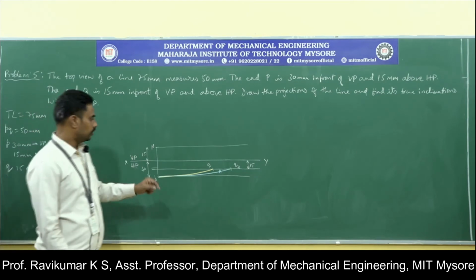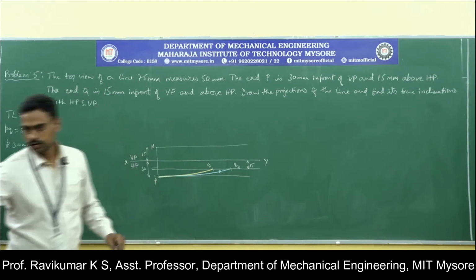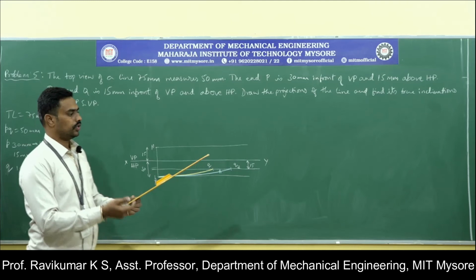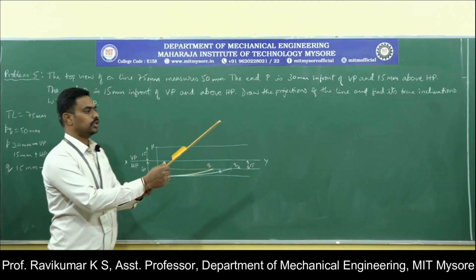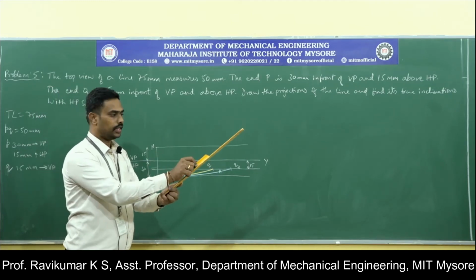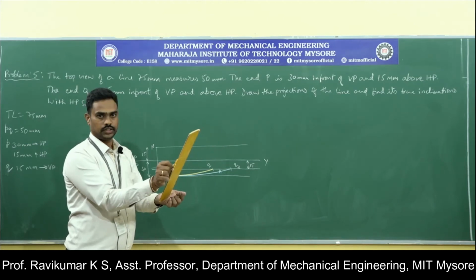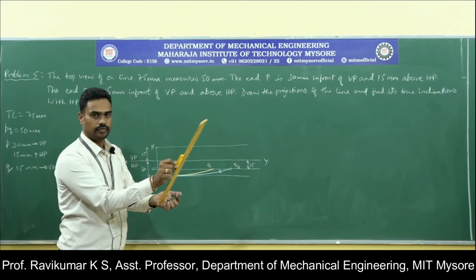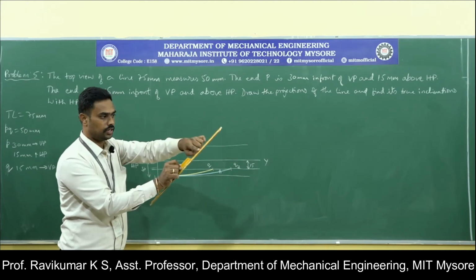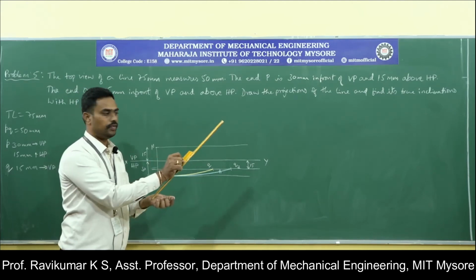Now look at the condition. In previous problems the line was kept like this, inclined to VP something like this, towards the observer. This is the plane, this is the line, and you are the observer.